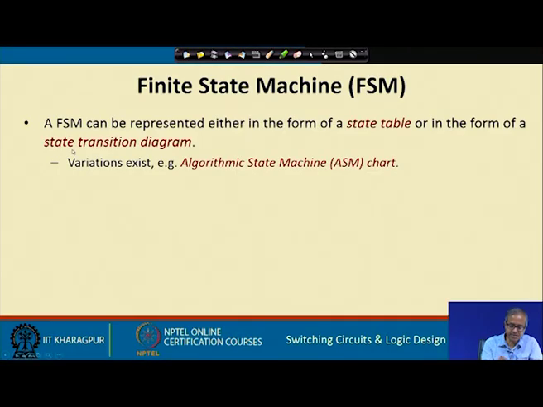The two ways you can do that are either in the form of something called a state table or a state transition diagram. You note that state table and state transition diagram are equivalent. They represent the same information, but in two different ways. State table is a tabular representation, state transition diagram is a diagrammatic representation. So, it is fairly straightforward to convert from one form to the other.